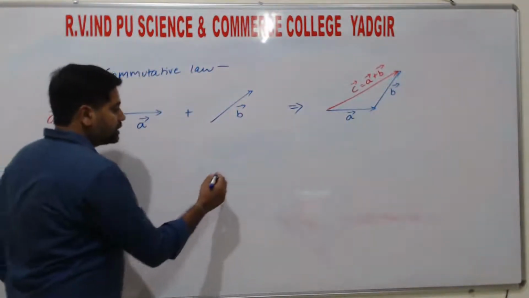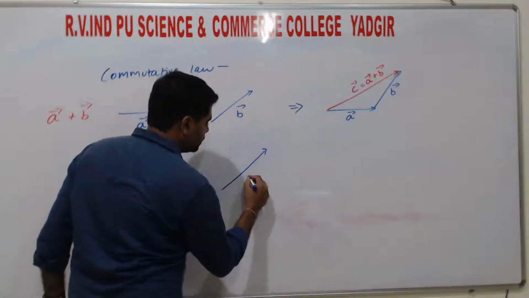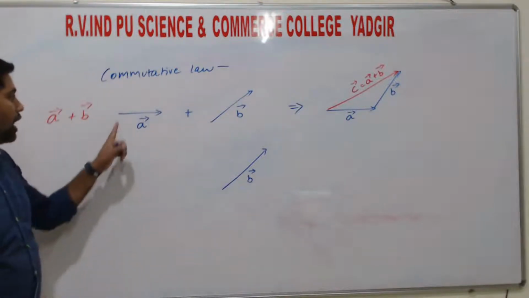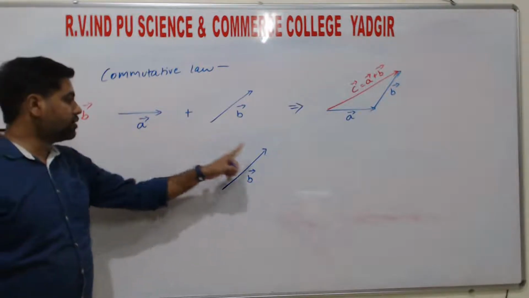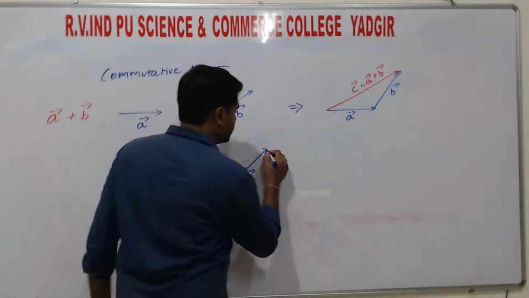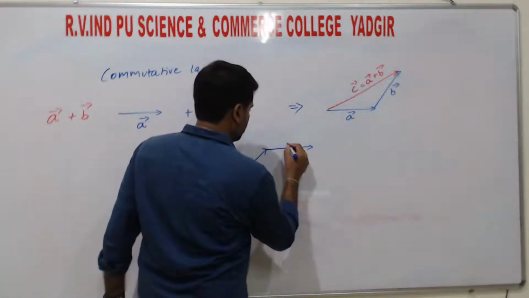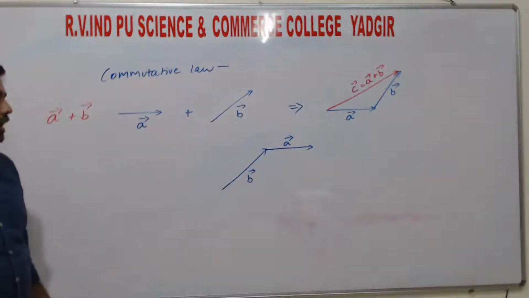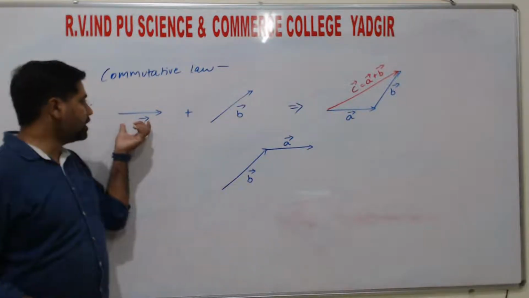Now B plus A means I will keep this vector as it is, that is vector B. Now I will join the tail end of vector A with the head end of the vector B. So this one is the vector A, vector B here and vector A here.